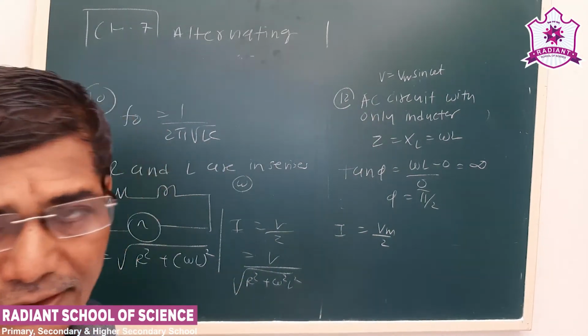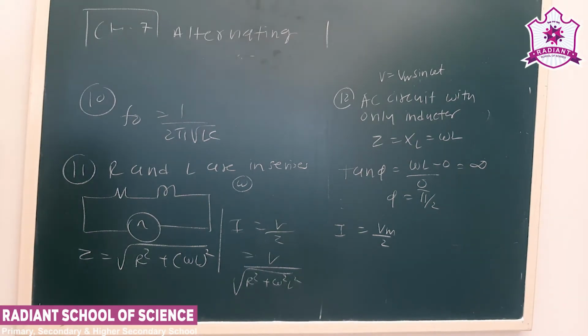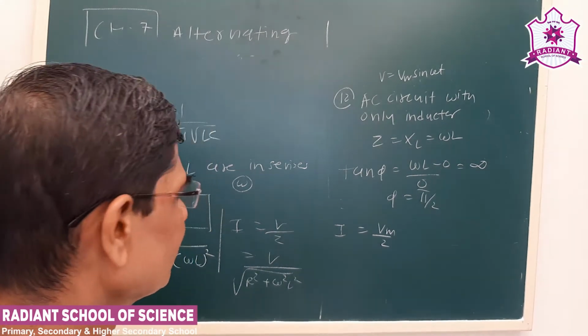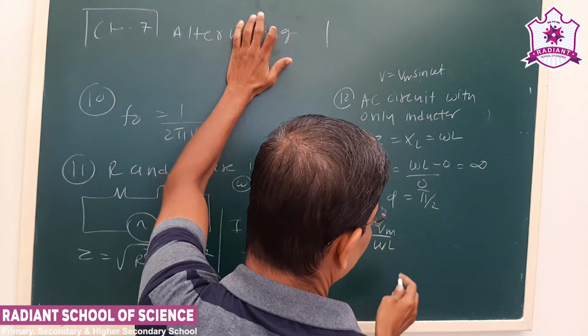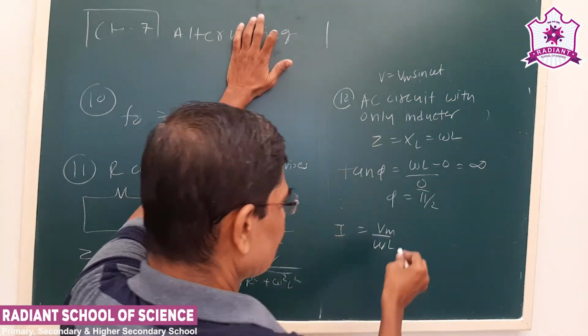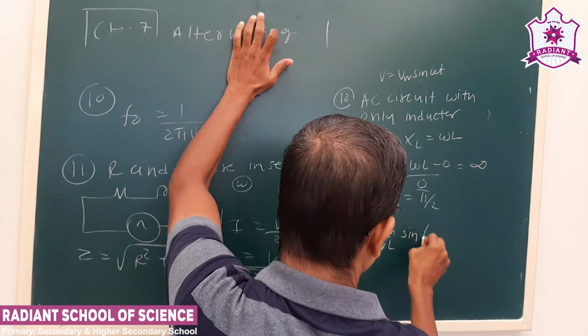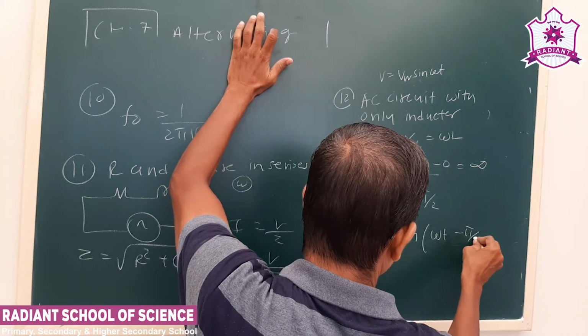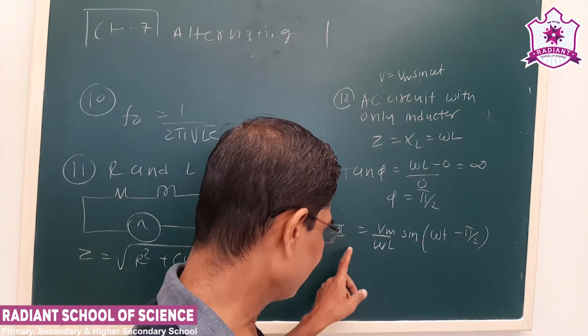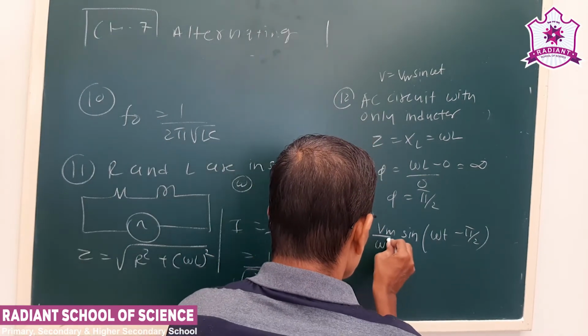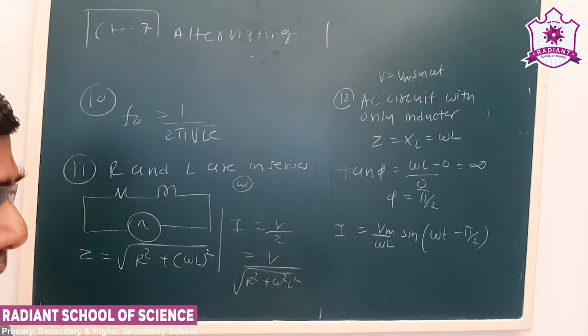So how we can write down the equation of current? See, in AC circuit with only inductor, the current lags behind the voltage by pi by 2. So this will be Im, omega L is impedance, sine, voltage is given, current will be lagging behind the voltage by pi by 2. So the equation of current will be Vm upon omega L sine omega t minus pi by 2.